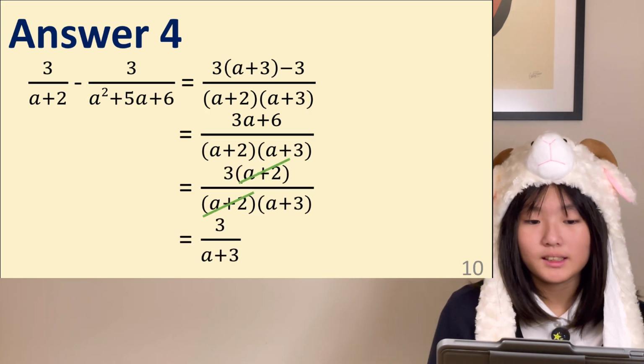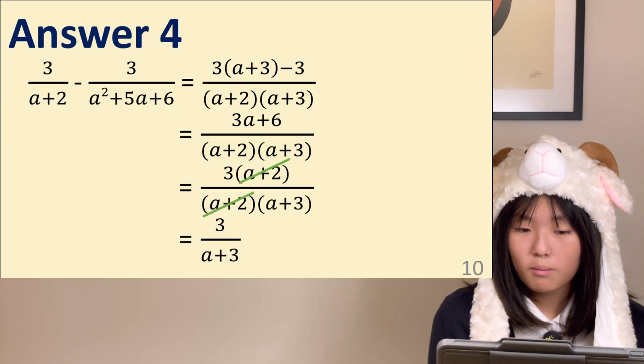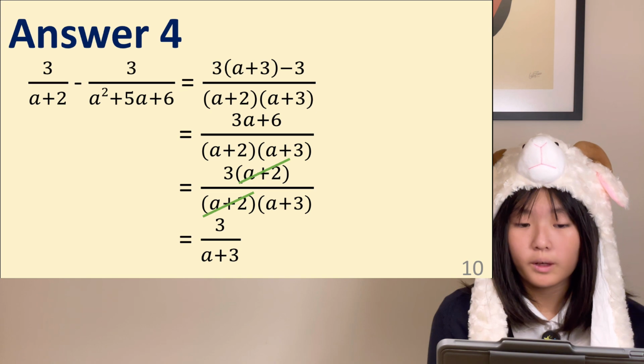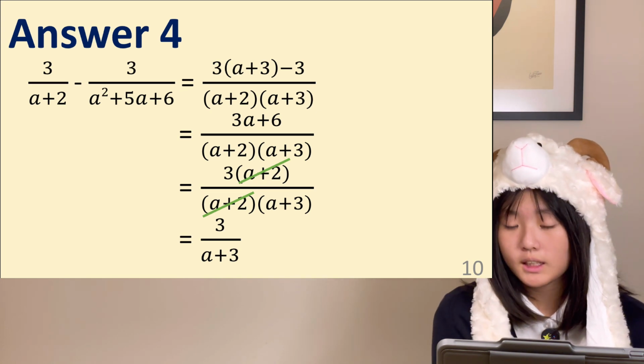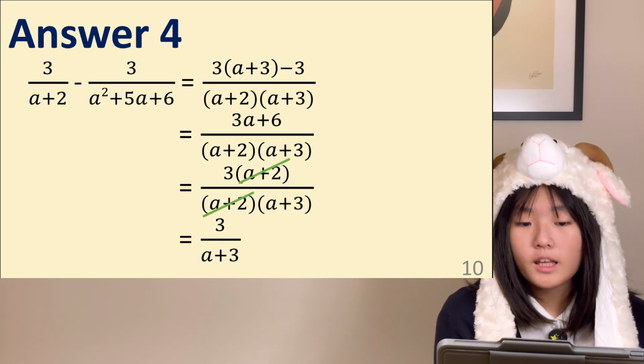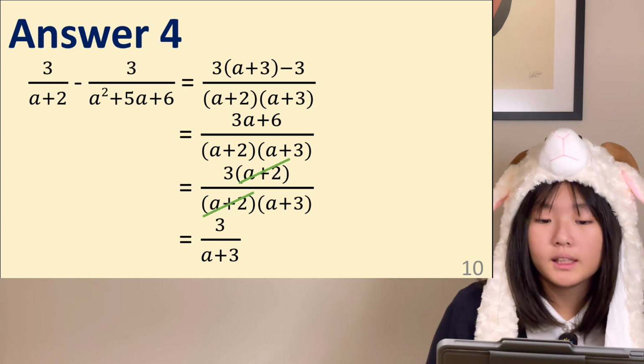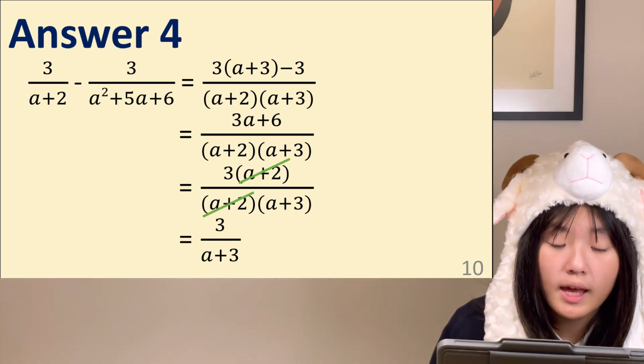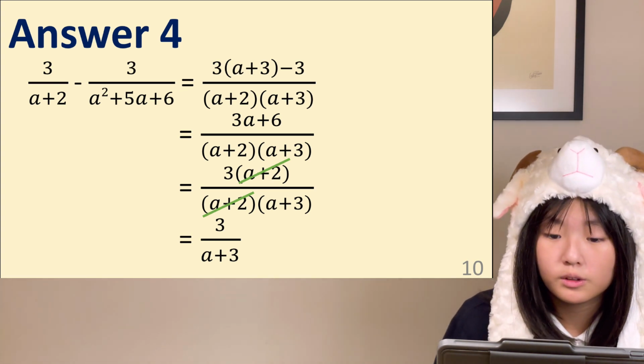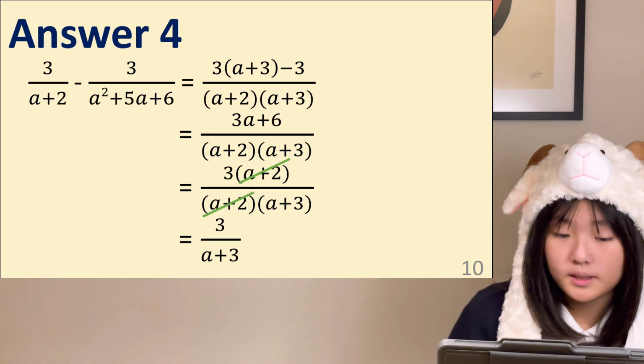The answer is, since the lowest common multiple of a plus 2 and a squared plus 5a plus 6 is a squared plus 5a plus 6, you need to multiply the 3 over a plus 2 by brackets a plus 3.